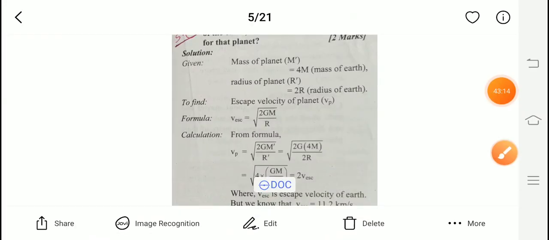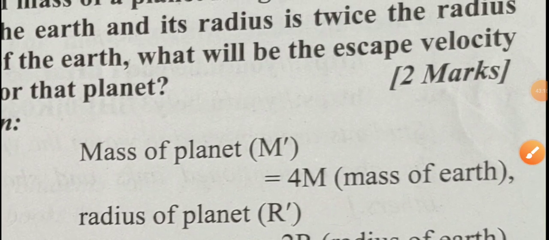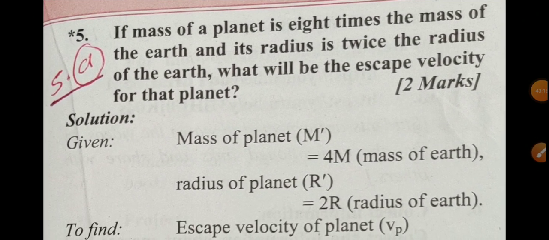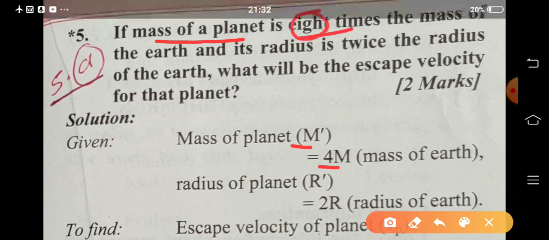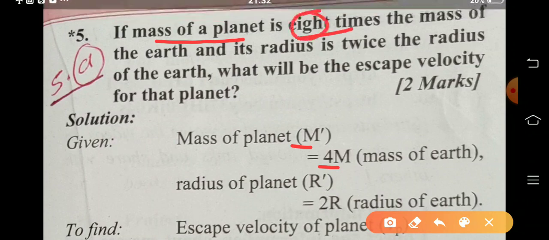How many times? 4 times, not 8 times. That's why we are mentioning in given here 4m. Mass of planet indicated by m dash is equal to 4m. Here 8 times mentioned, but we are writing answer 4 times. So make the correction here, I think. Clear? Now 4m, 4 times the mass of Earth, so 4m.